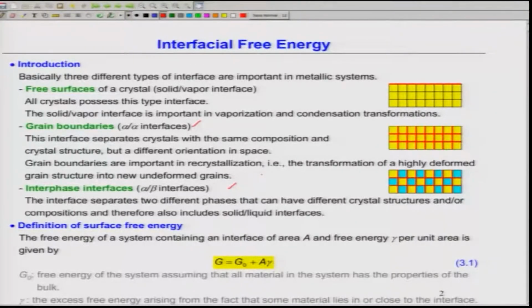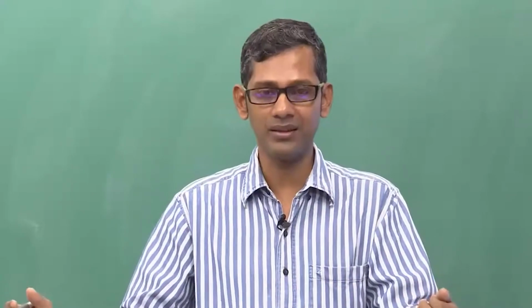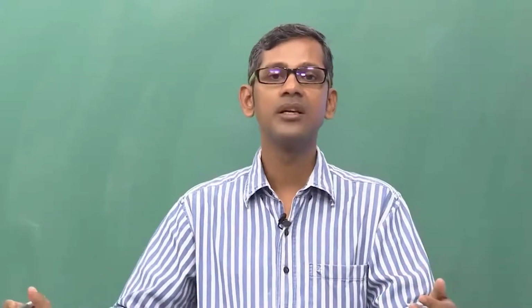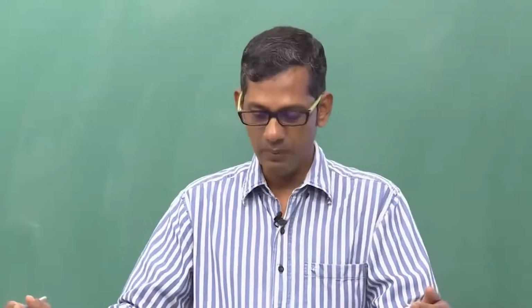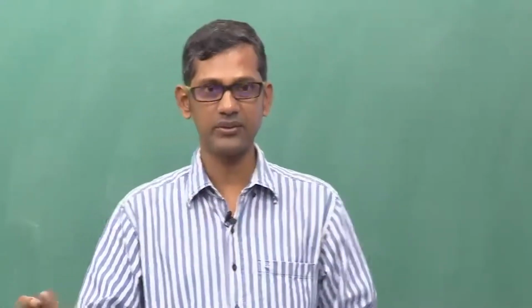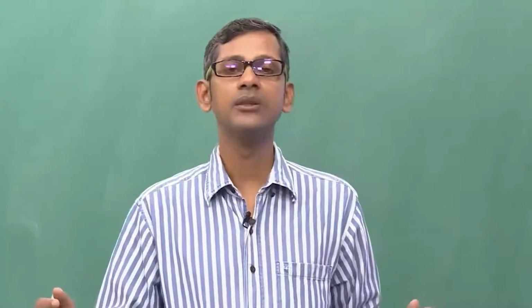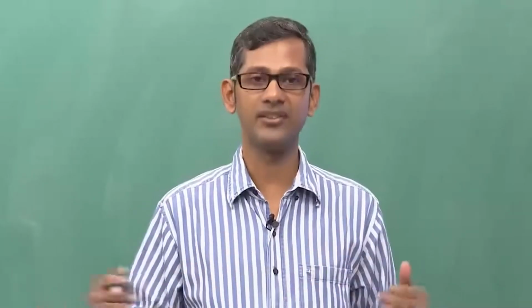This is a part of the free energy which we have discussed, but a different type of free energy. What is that? We always consider thermodynamics as bulk thermodynamics. We never consider the interfaces in thermodynamics. Therefore, free energy is always given as G of the bulk, where there is minimal effect of the interfaces. But the moment you have an interface, whether it is a surface or an interface, we are going to have extra energy.